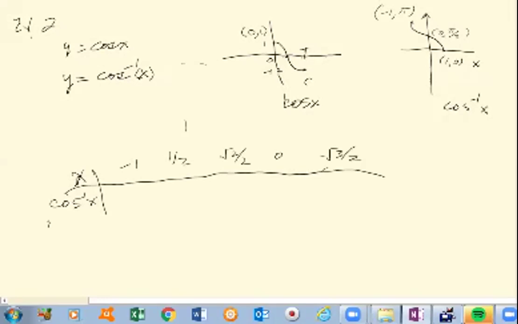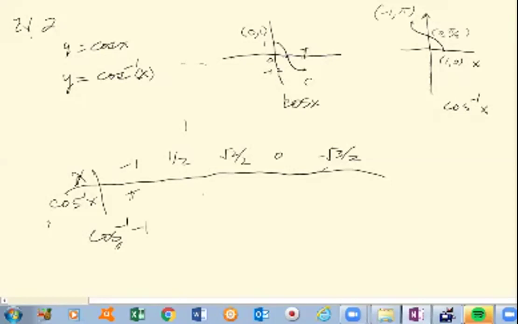Let's do the first one. We want to find the inverse cosine of -1. You have to ask yourself what angle, when you find the cosine of that angle, would give you -1. We can look at our unit circle if we want. We know that happens at pi. The cosine of pi is -1.